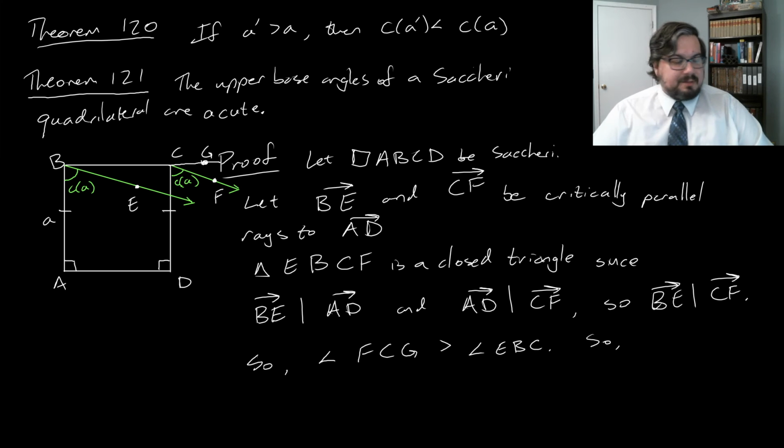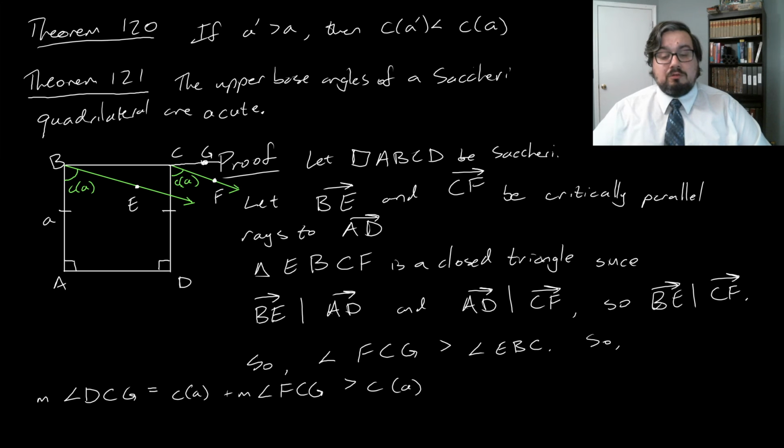So we have that the measure of angle DCG is equal to the critical function of A plus the measure of angle FCG, which is greater than the critical function of A plus the measure of angle EBC.